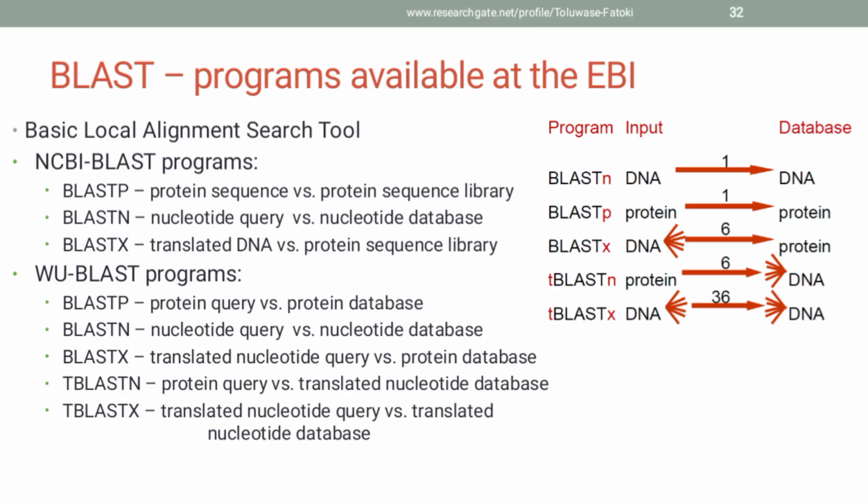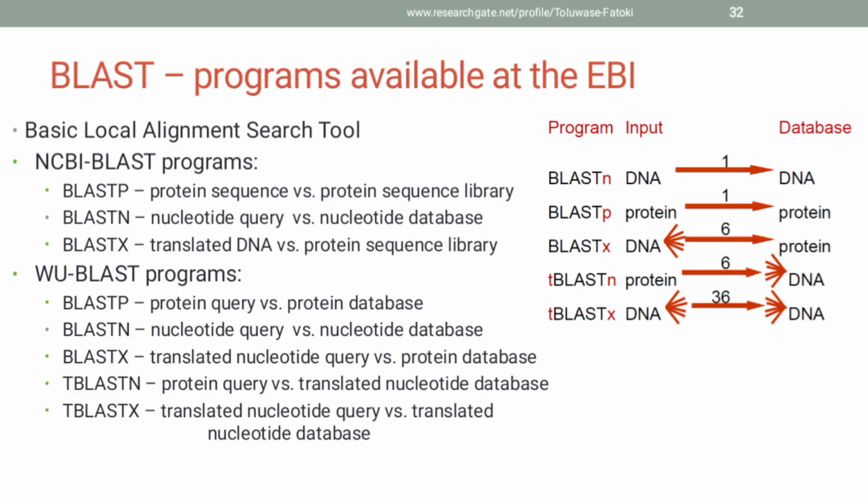Then for T-BLAST X, you are using a translated nucleotide query to query a translated nucleotide database. Your own DNA will first undergo the open reading frames, and then you use that to align with other DNA.